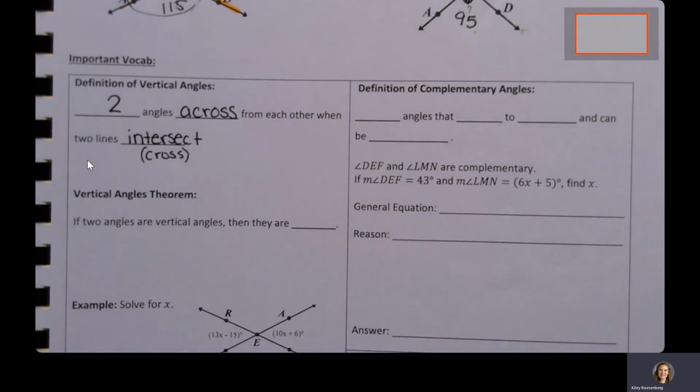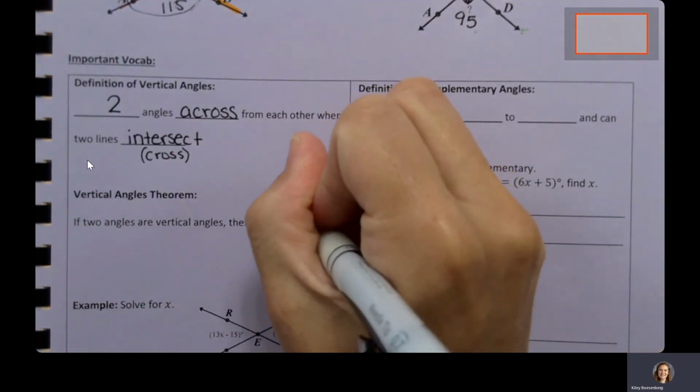Okay, so then what? That's their name. What does that mean for us? What can we do with that? That means when you see vertical angles, you can take those 2 angles and set them equal. So if you see 2 angles that are vertical, they are equal.